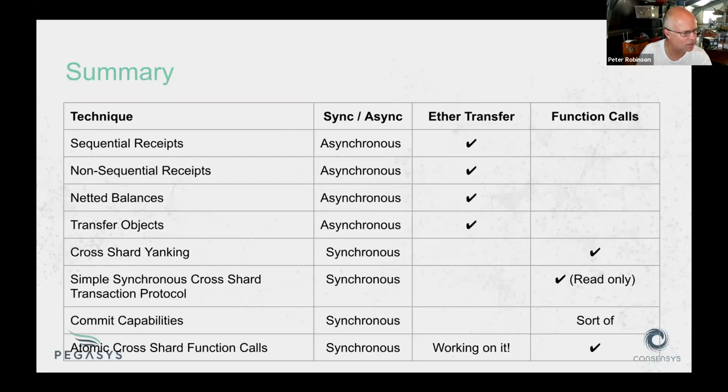So we put together a summary. We've got some synchronous techniques and asynchronous techniques. For the atomic cross shard technique that I and the team are working on, we're going to add some sort of Ethereum ether transfer.